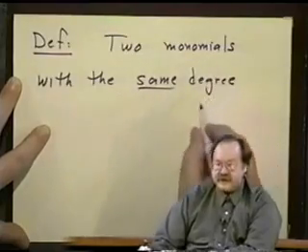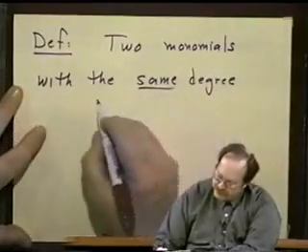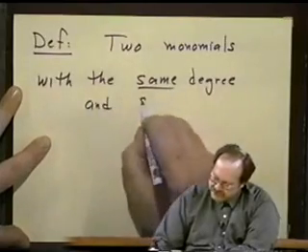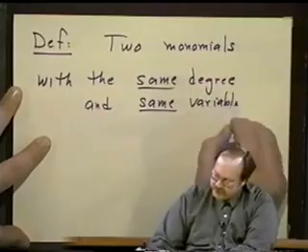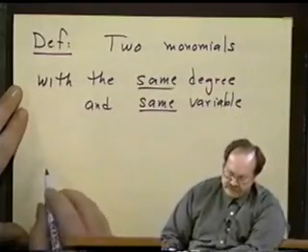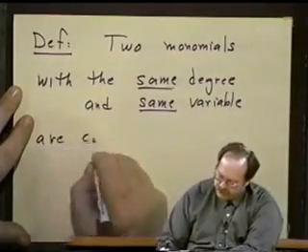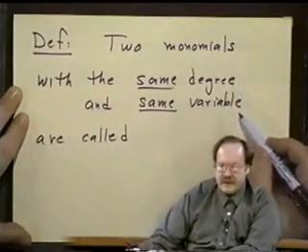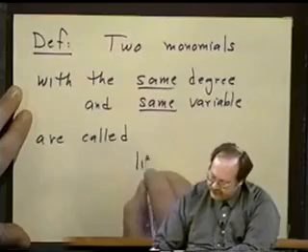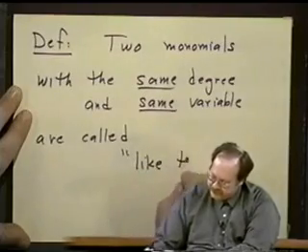Remember what degree is? It is the power of the variable, and same variable. So they both are x's, say. If you have 2 monomials with the same degree and the same variable, they are called like terms.